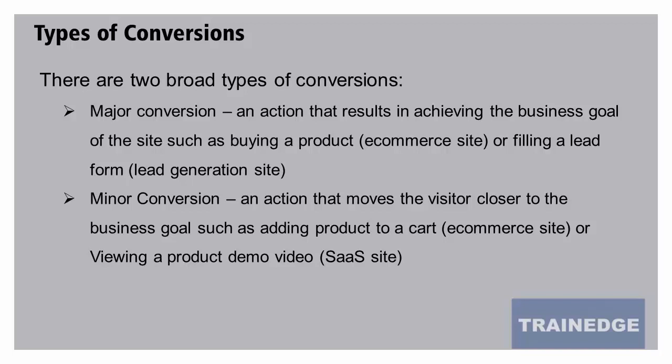For example, before somebody buys a product from the e-commerce site, the person looks at the product page, adds the product to cart, and then fills up the payment information. Similarly, somebody signing up for an online software might view a product demonstration video which explains the product and warms up the prospect to sign up for the software.